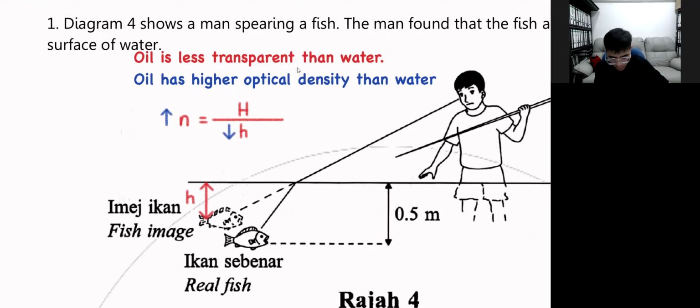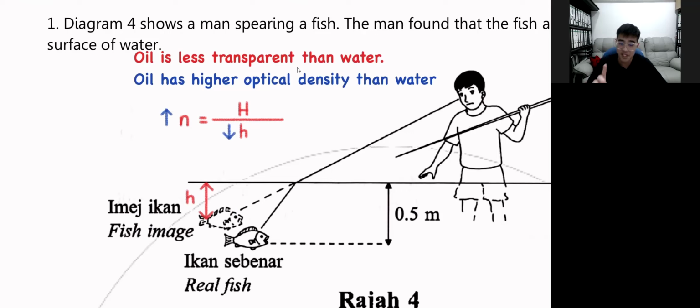That means if the water is changed into oil, so now the fish is in the oil, the depth that you thought the fish is at will be even more shallow. You will see that the fish is nearer to the surface of the oil. But if you put the fish in the water, you will get this depth deeper. So that's why I said it will decrease.